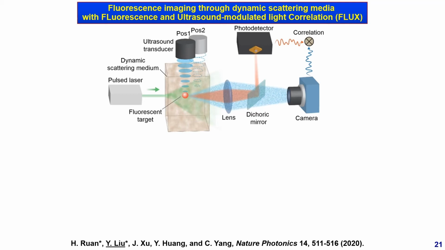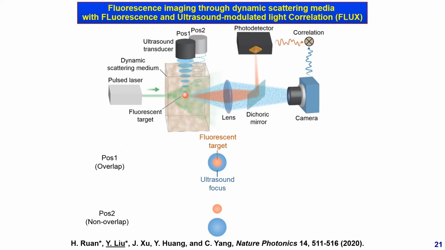To explain why we do this, let us consider two cases. In the first case, the ultrasound transducer is at position 1, so that the ultrasound focus overlaps with the fluorescent bead, as shown here. In the second case, we move the transducer to position 2, so the ultrasound focus is away from the fluorescent bead, as shown here.